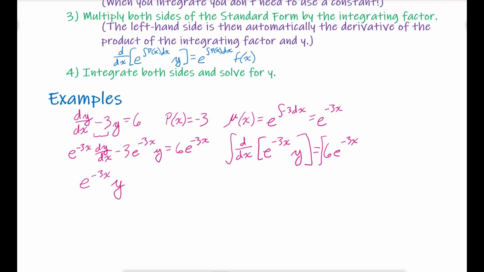And on the right-hand side, we'll be taking the integral of 6e to the negative 3x dx. And that will give us negative 6e to the negative 3x divided by 3 plus a constant.